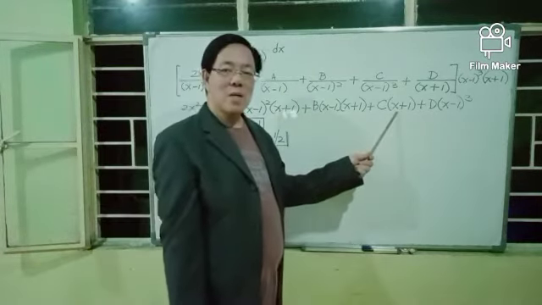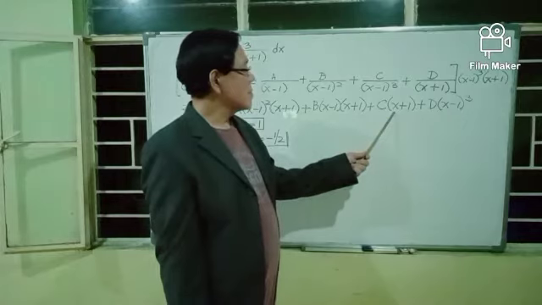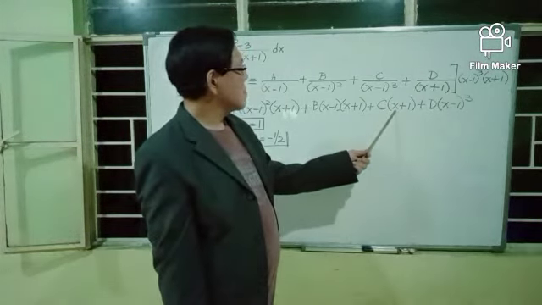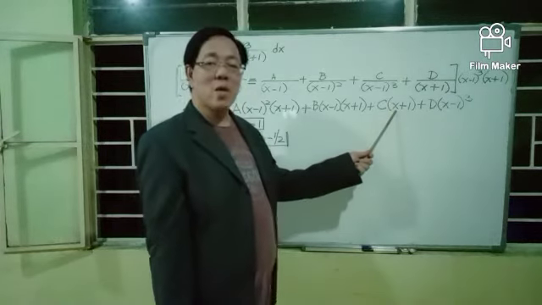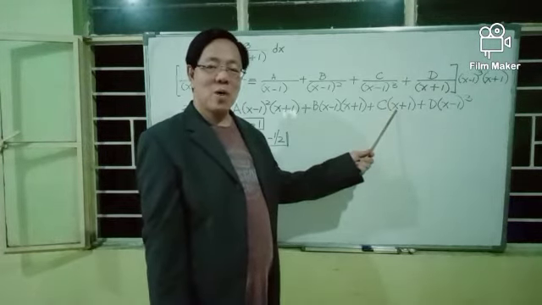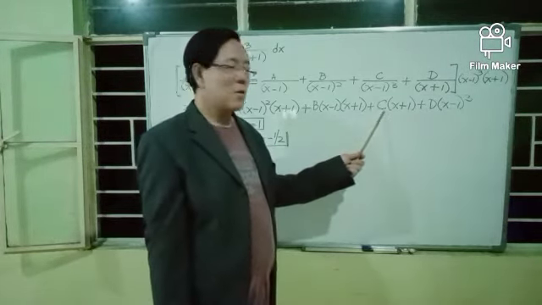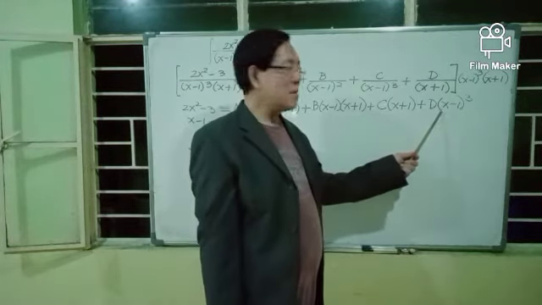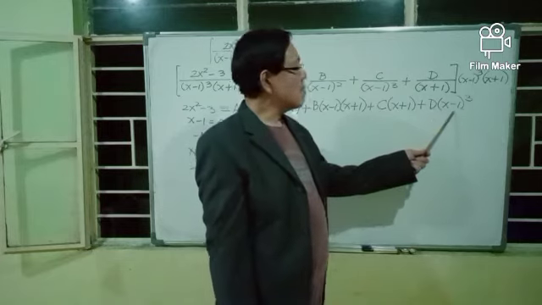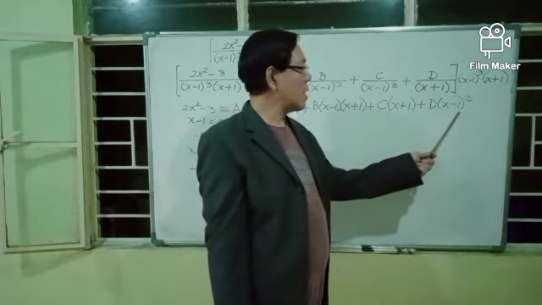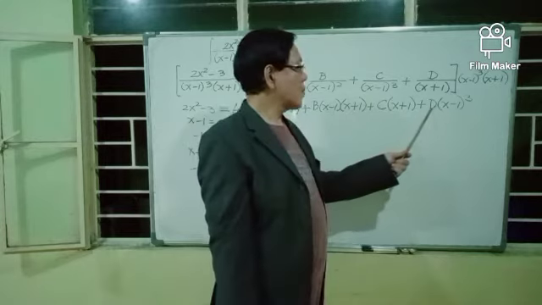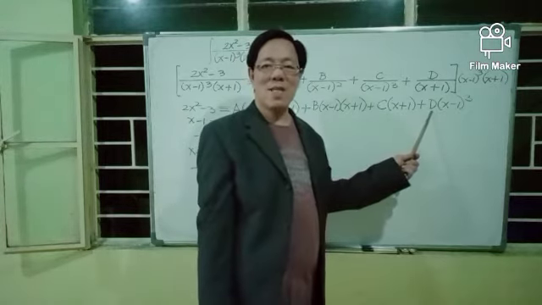When x is minus 1, then this x plus 1 will be 0 because minus 1 plus 1 is 0, multiplied by c is 0. But the last term, if x is minus 1, you have minus 1 minus 1 is negative 2, and negative 2 to the power 3 is negative 8, multiplied by d equals negative 8d.